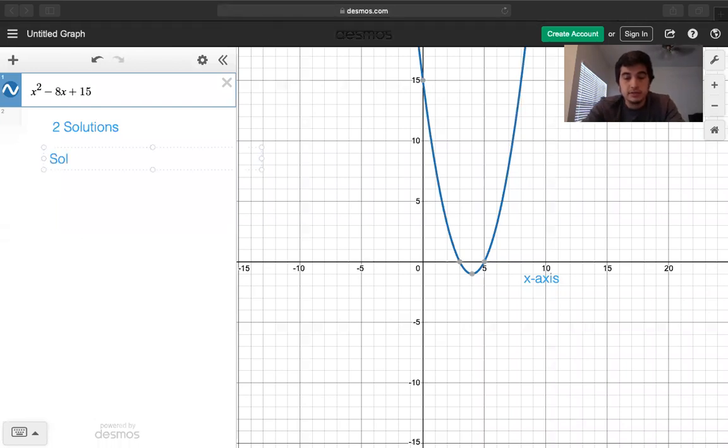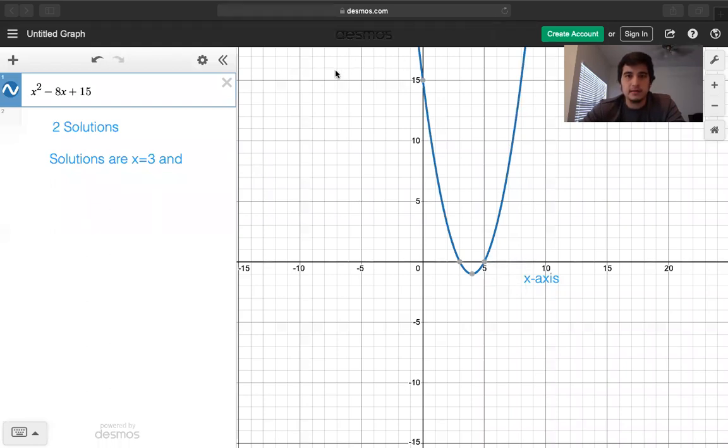Okay, but if you remember from last week, that's not how we wrote the solutions. We wrote them as x equals some number. So the answer is not 3, 0, but x equals 3, and if I look at this one, 5, 0.